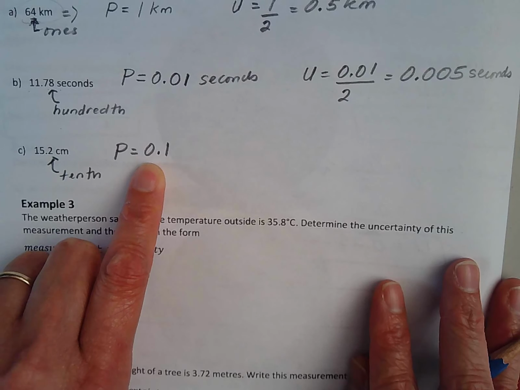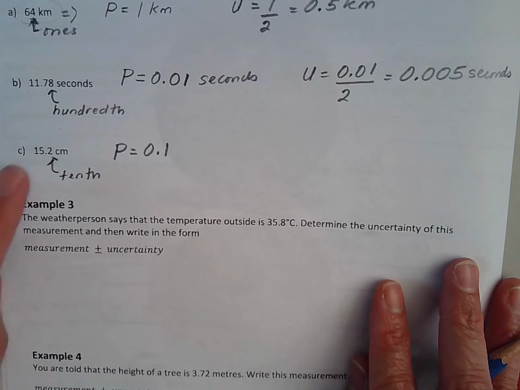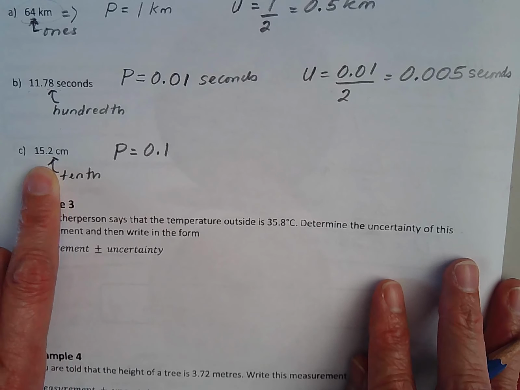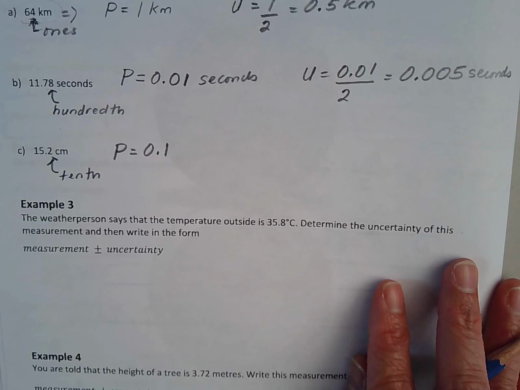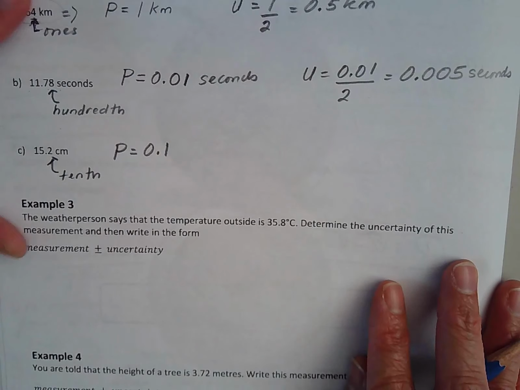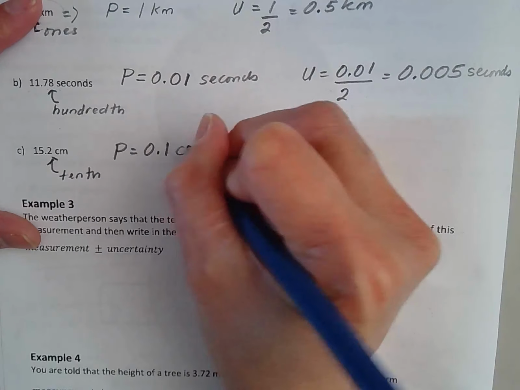0.1. So the next one would be 15.3, right? Because right now it's 15.2. The next one would be 15.3. So you added 0.1 to get the next one. That's centimeters.